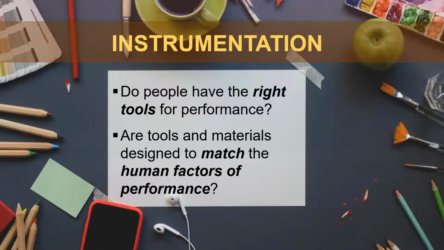Meaning you train them, for example, in computer use of Excel or statistical software, but when they go back to their respective offices, they don't have the right computer system. They don't have the software. So what they learned will be put to waste because there's nothing there to help them perform the learned competencies.